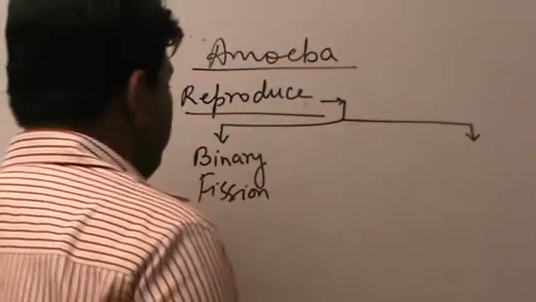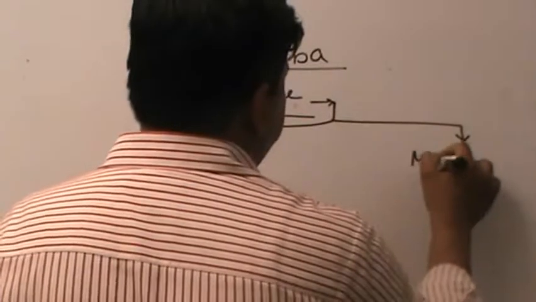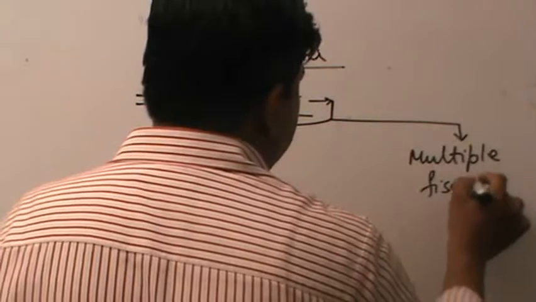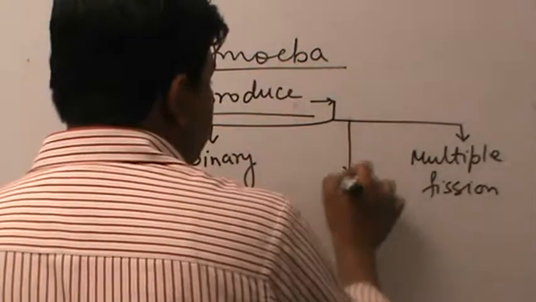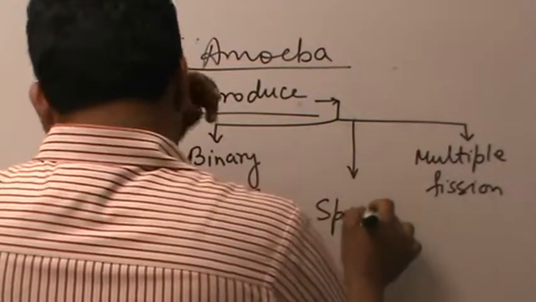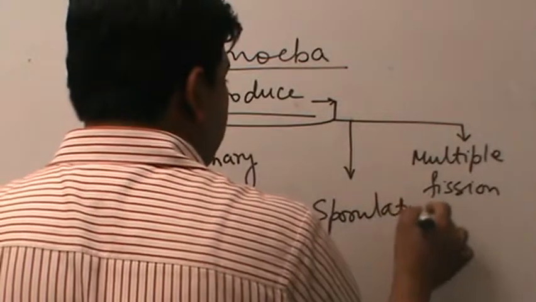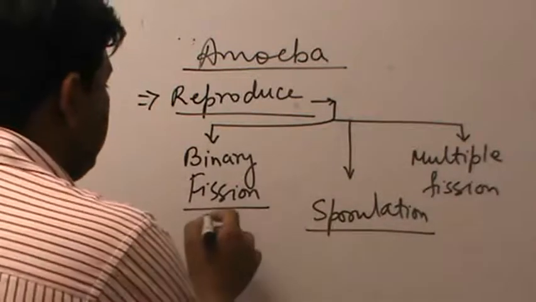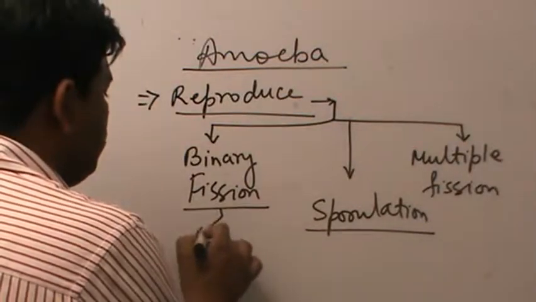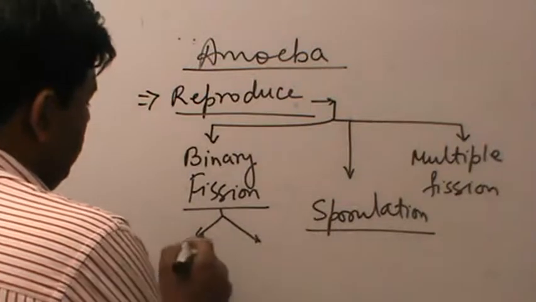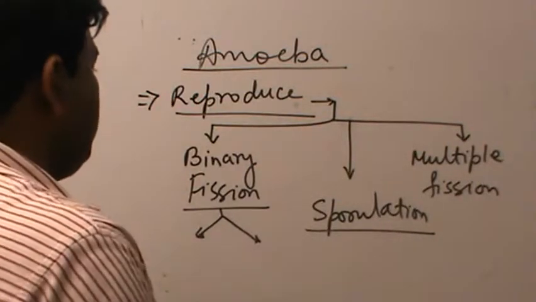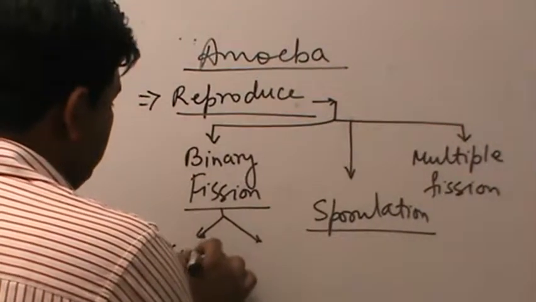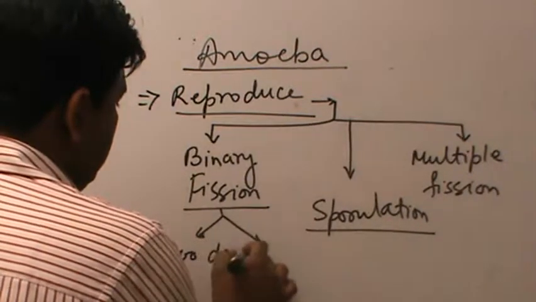Then what we have? Multiple fission. Then we have sporulation. Binary fission means when the cell divides into two daughter cells. Then this is known as binary fission.